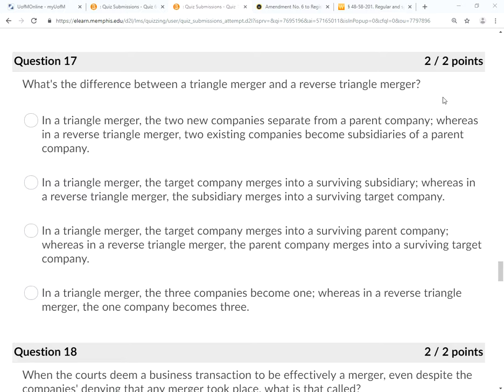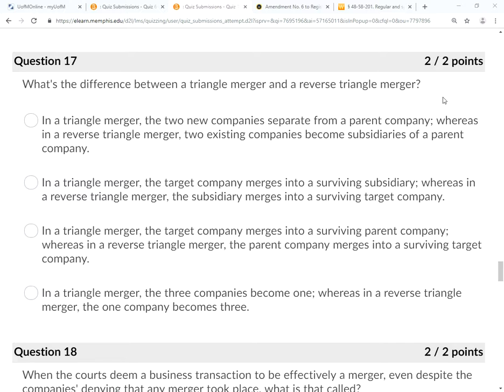I wanted to start with quiz 7, attempt number 1, question 17. It reads, what's the difference between a triangle merger and a reverse triangle merger? From the textbook on page 522, we understand that triangle mergers are three corporations: parent, subsidiary, and a target corporation.